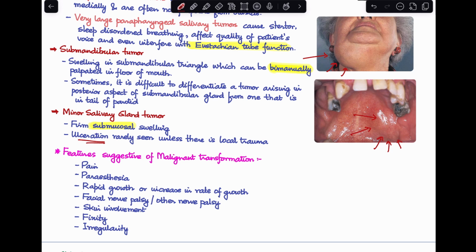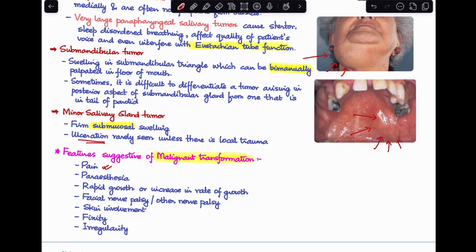Now, how do you suspect that a benign tumor has undergone malignant transformation? There are certain red flag signs that you should be looking for, certain complaints or clinical features. First of all, any patient of salivary gland tumor who is complaining of pain, that is suggestive of malignant transformation.